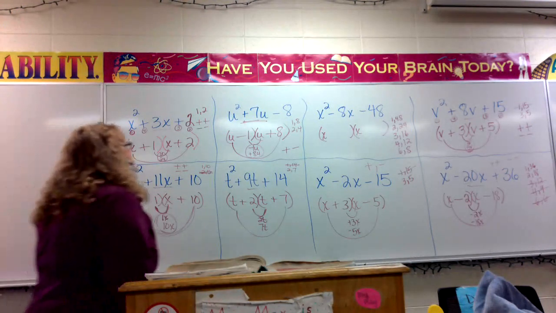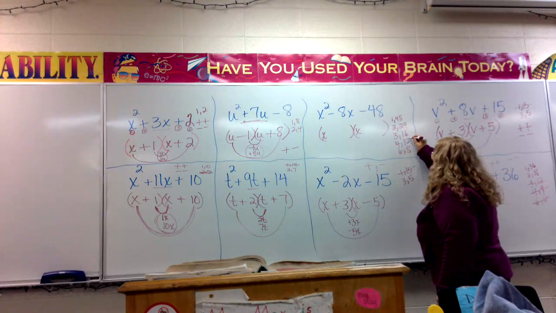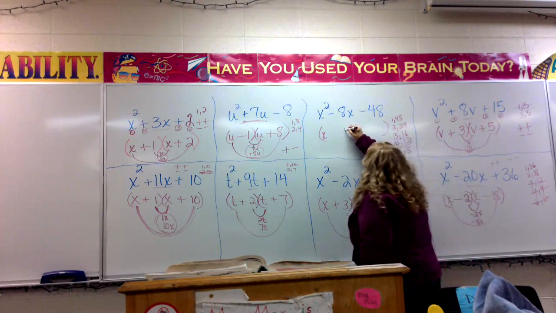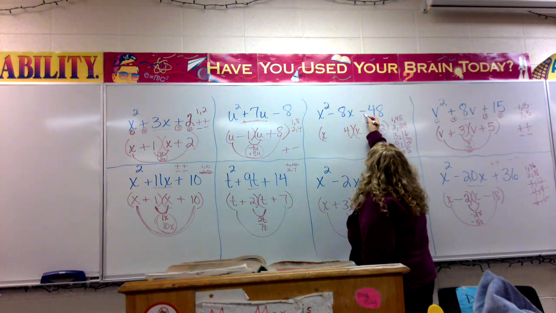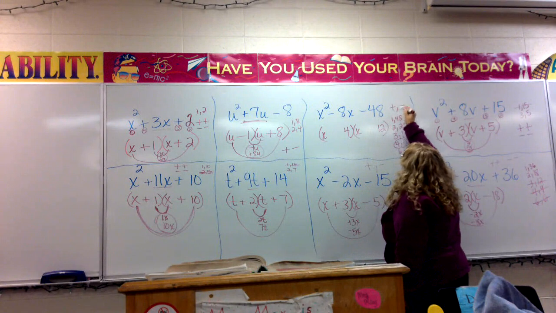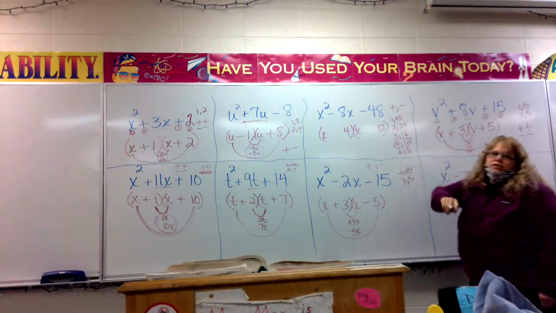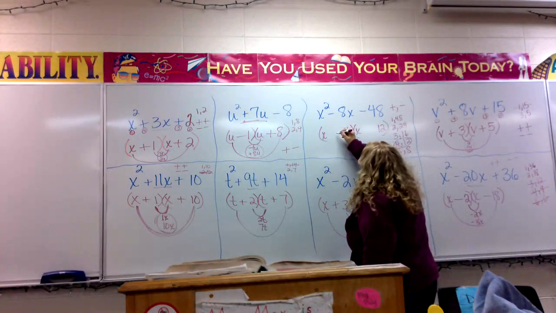So which pair will subtract to 8? 4 and 12. And of those 4 and 12, it's a negative here. So when I multiply and get a negative, that means I have one of each. What goes where? What does the 4 get?